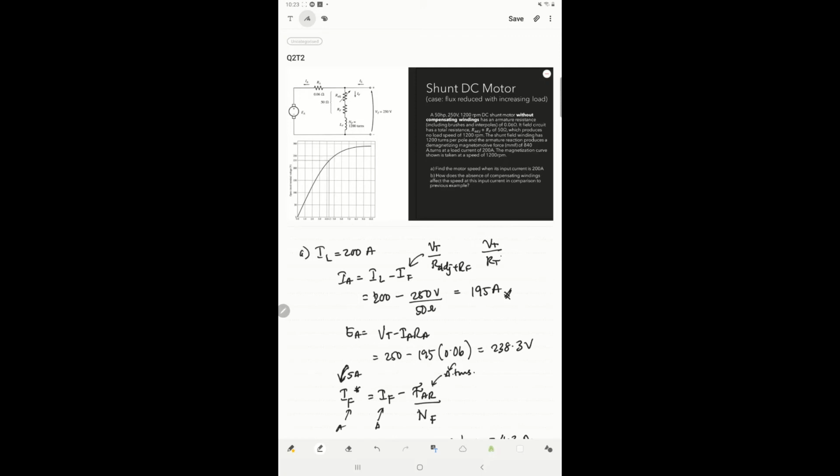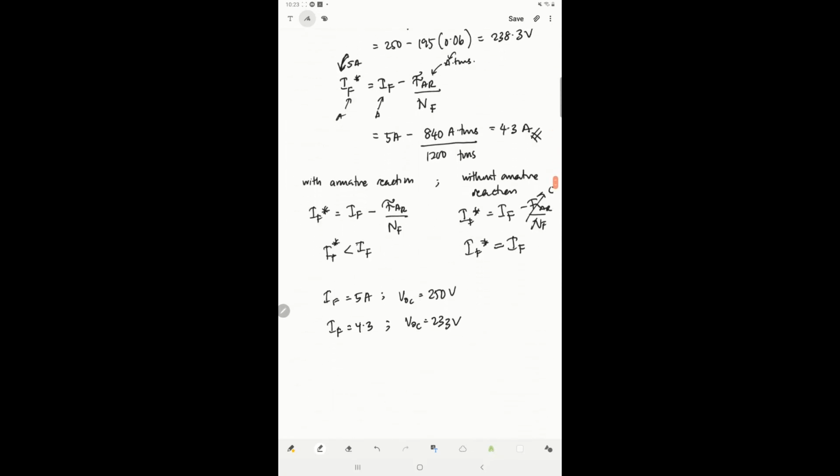But now, because the effective field current becomes 4.3 ampere, even though we fed 5, because of the weakening flux, instead of 250 we will have a terminal voltage of 233 volts. So this is equal to the terminal voltage that we have.